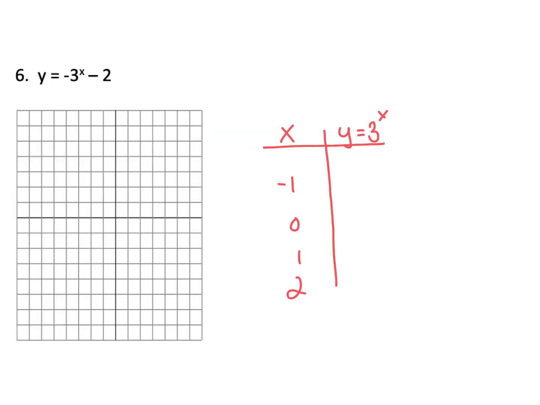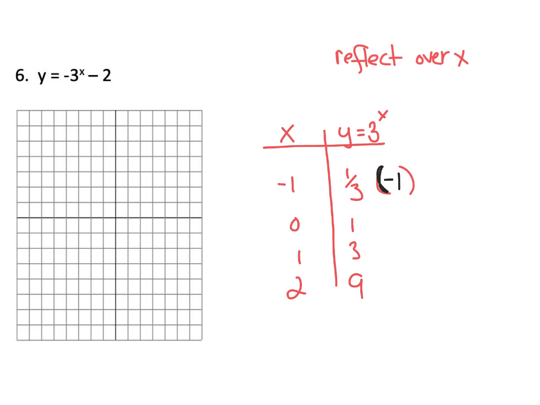So I'm going to look at another one, and I'm just going to consider my function y equals 3 to the x power with just a base of 3, and figure out what these points are, and now I'm going to transform them. So my a value would be -1, which means I have a reflection over the x. Which means each y value will be multiplied by -1.